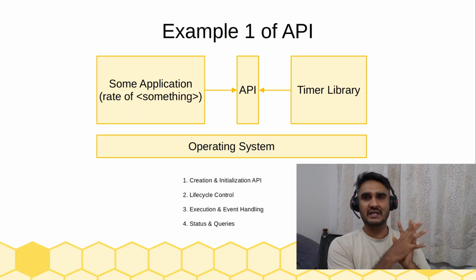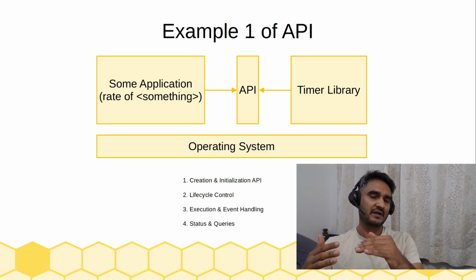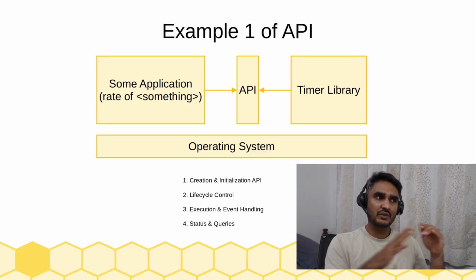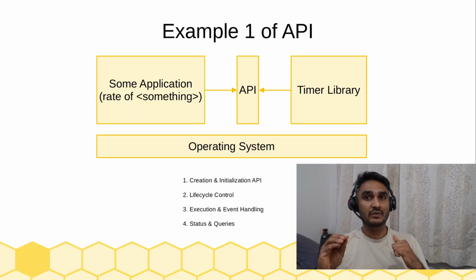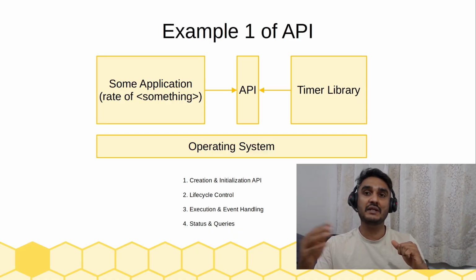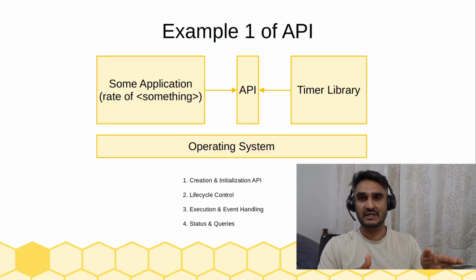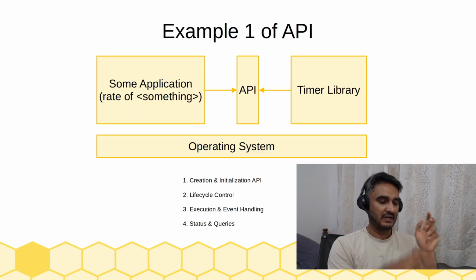It is a definition saying, okay, I'll be giving these functions, and you can call these functions to do these things. You don't need to know anything more than just these function calls, right? So that is the concept of the API.